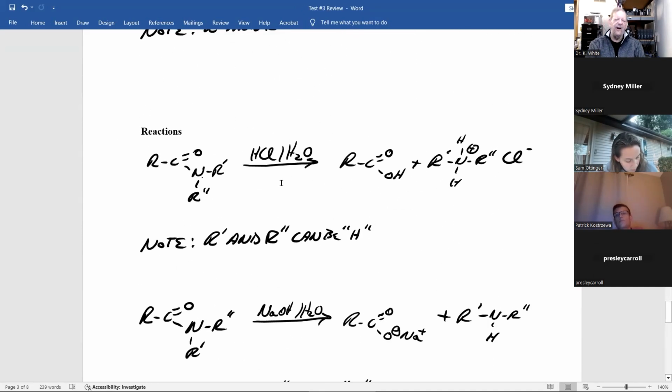Now, if you take an amide and react it with acid and water, you'll break it down and you'll get back the carboxylic acid you would have used to make that amide. Remember, R prime and R double prime can be H or R's. Now, you'll get the amine, but in the presence of HCl, you'll get this amine salt.